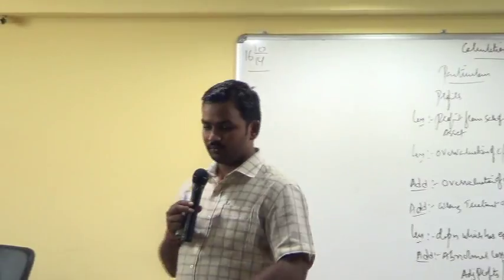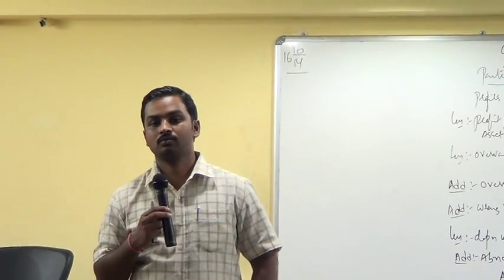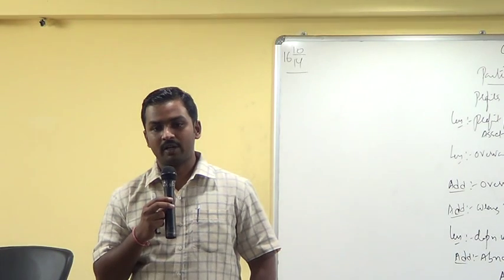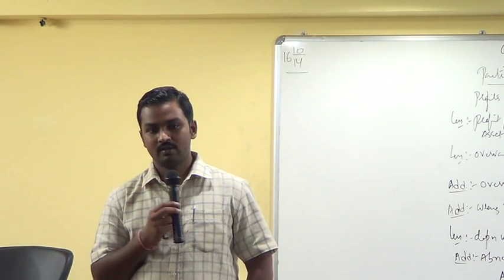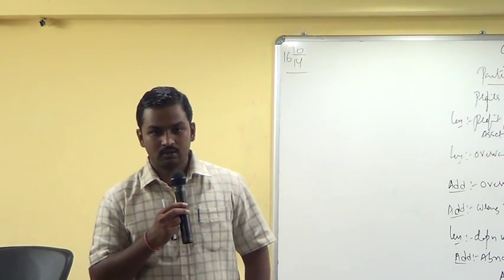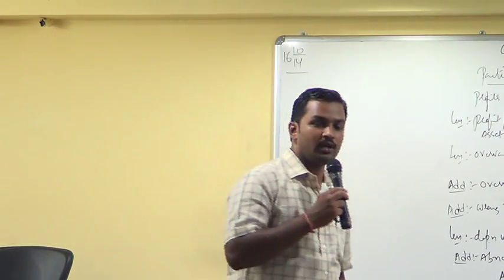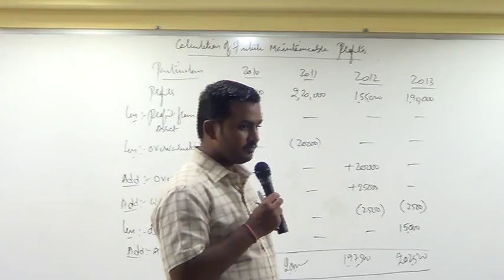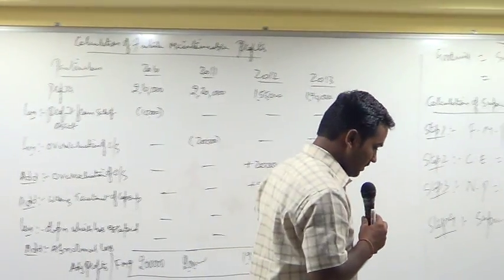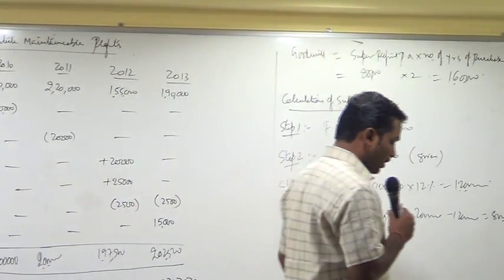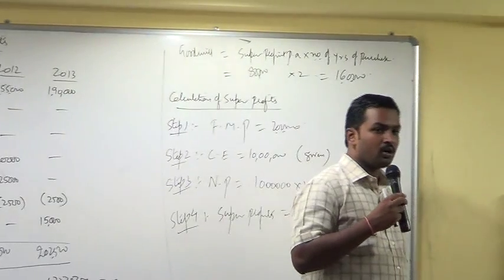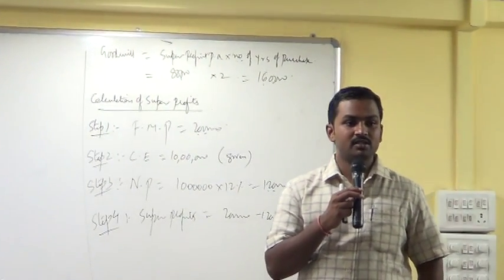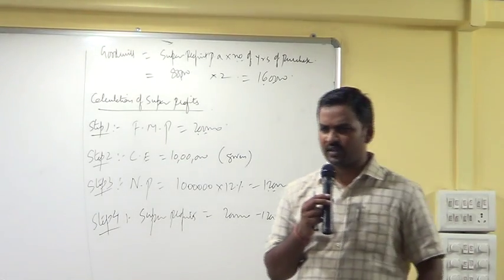Okay. Now, write down. Goodwill is equal to normal capital employed minus actual capital employed, or we can also write it as capitalized profits minus actual capital employed. Both are one and the same.